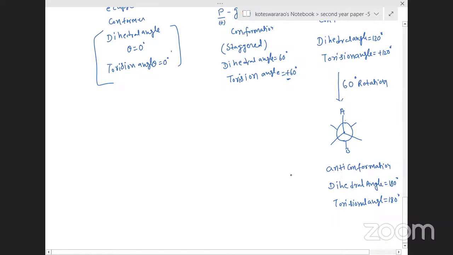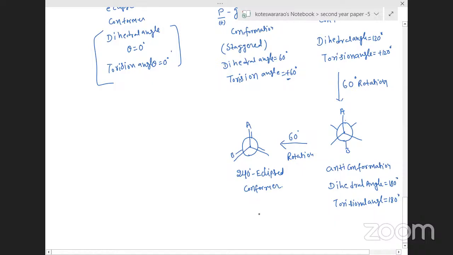Right? Then I'm rotating this anti-conformation again 60 degrees. Then it leads to this. This is known as the 240 degrees eclipsed conformation.